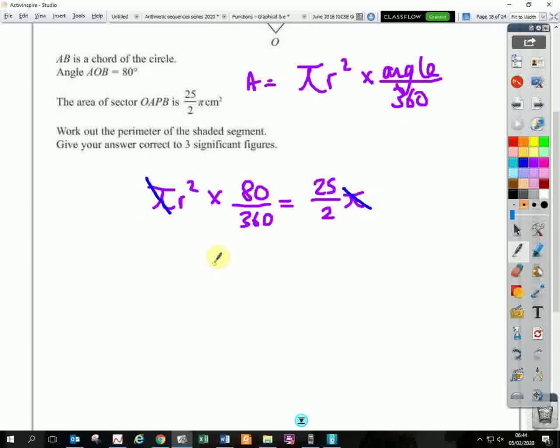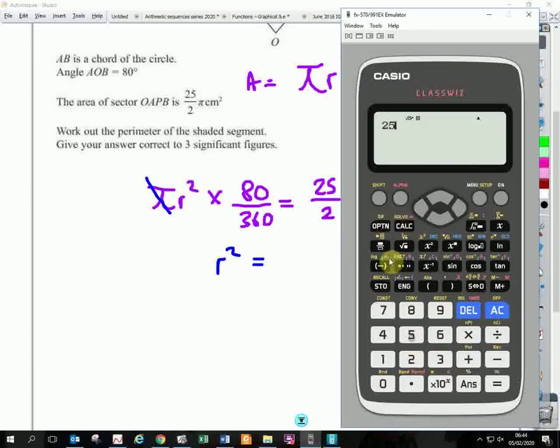Cancel. I just need to rearrange this now to work out what r squared is. So we have a multiply by 80 over 360 on the left hand side. What I can do is I can type in 25 over 2 divided by 80 over 360, and that's going to work out what r squared is.